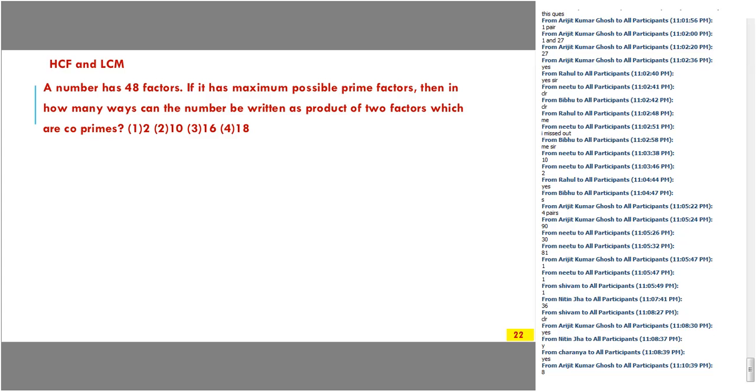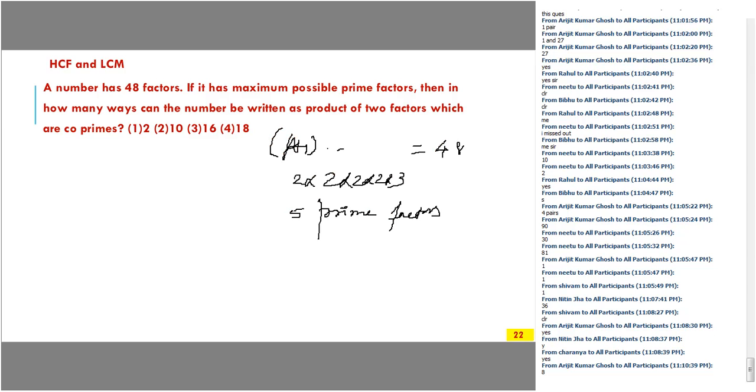If it is 48 factors, what does it mean? What is 48? If P plus 1 into Q plus 1 into R plus 1 is 48, what's the maximum prime factors you can have? 2 into 2 into 2 into 2 into 2 or not? You'll have 5 prime factors.